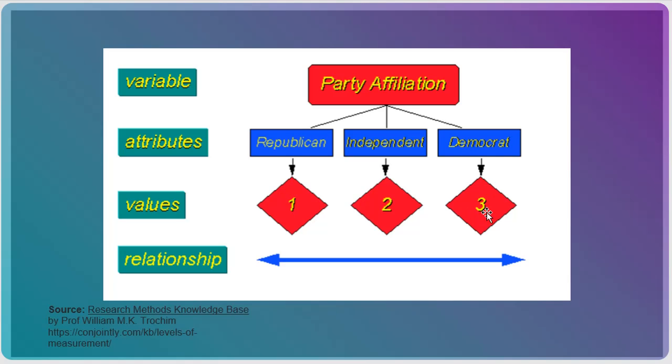We don't assume that since we wrote 1 under Republican, that Republican is number 1 or they are the winner. No, it doesn't work that way. We are just using these numbers as shorter name or representation of the lengthier texts. So in this particular example, we would describe the level of measurement as nominal.